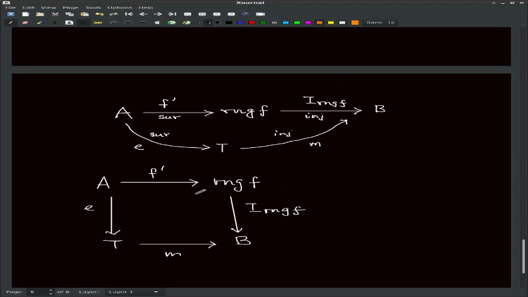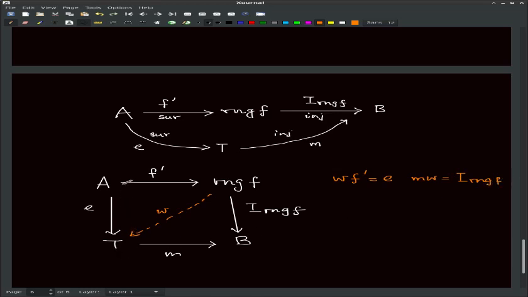So your lemma says that there exists a unique map W. Right? But now, observe another thing. This is because there exists a unique map W such that your W F prime is equal to E and M W is equal to this I of range.